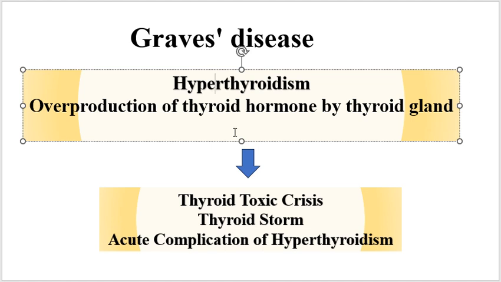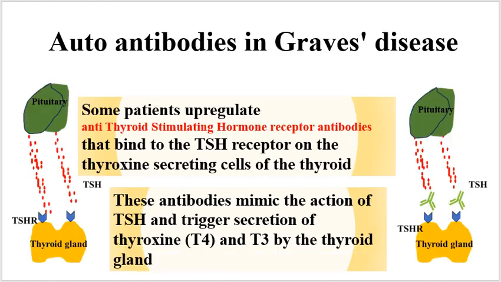This overproduction of thyroid hormone may lead to thyrotoxic crisis, which is also known as thyroid storm, and it is an acute complication of hyperthyroidism. So in this lecture, I'm going to talk about autoantibodies in Graves' disease.